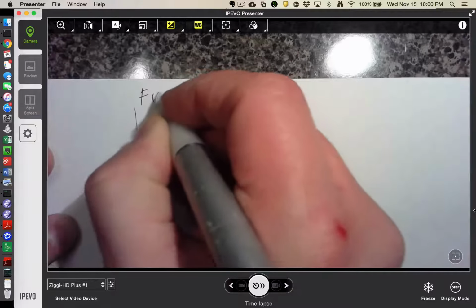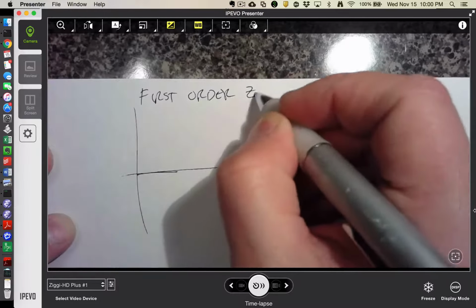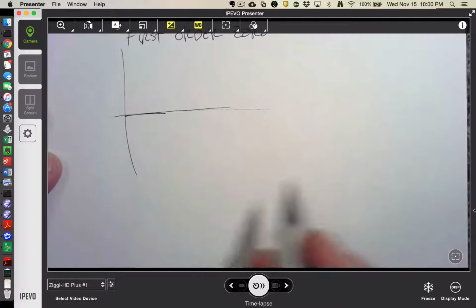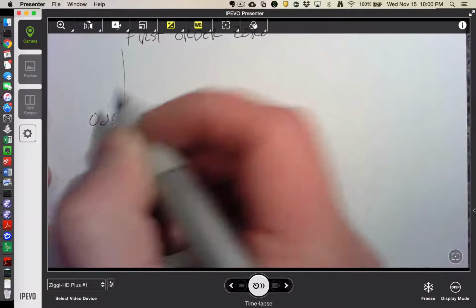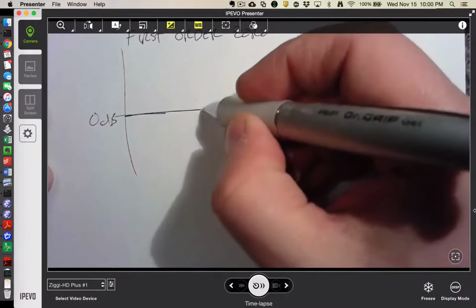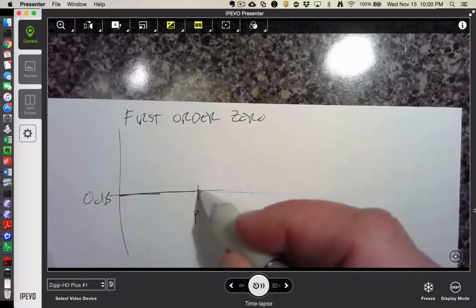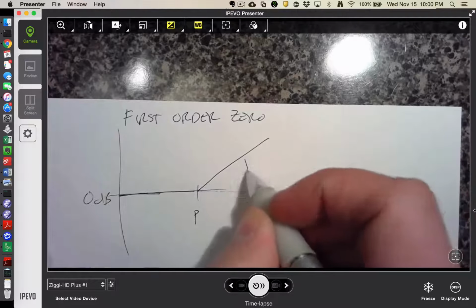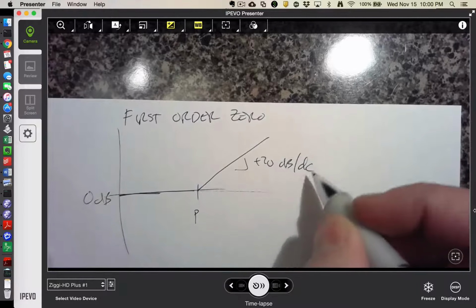So this is the first order 0. It also has a slope of 0, magnitude of 0 dB, potentially if there's not a gain term. And then when we get to omega equal to p, our slope starts to go up at plus 20 dB per decade.